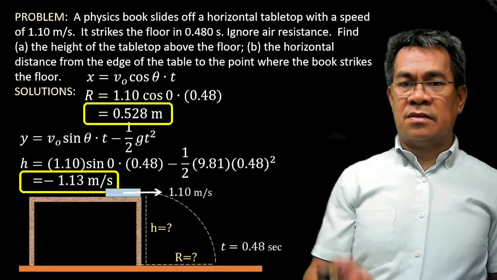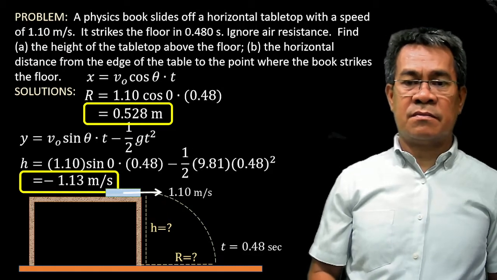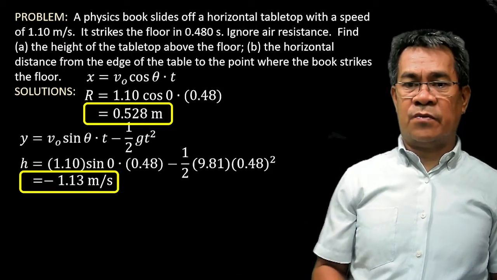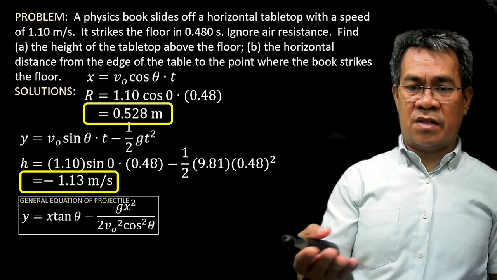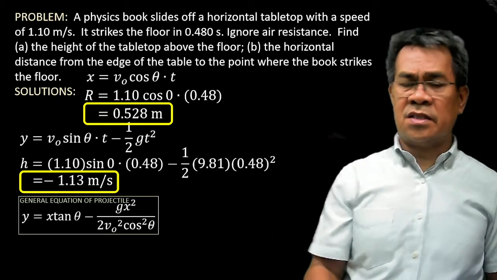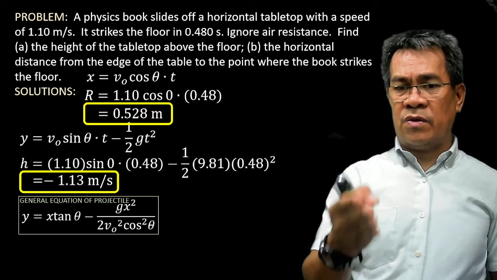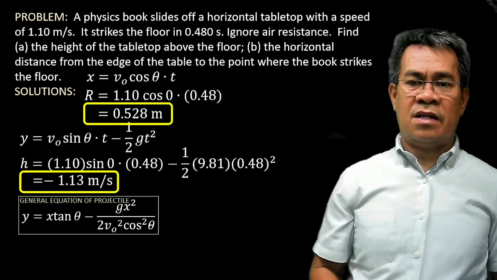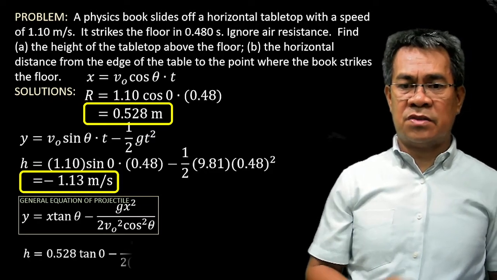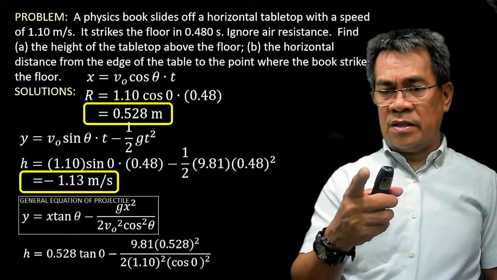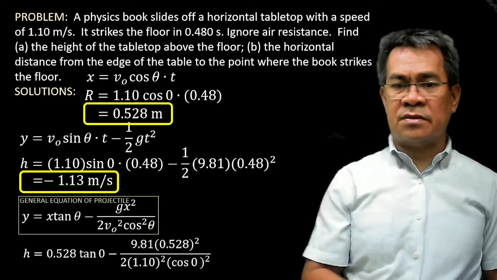Okay, so these are the answers to the problem. Now if we compare this h, which is negative 1.13, if we use the general equation, can we use the general formula? The answer is yes. Why? Because we already have x, we have theta, we have the initial velocity, and we have the acceleration due to gravity. So substitute the values, then simplify. By the way, again, the angle is 0.